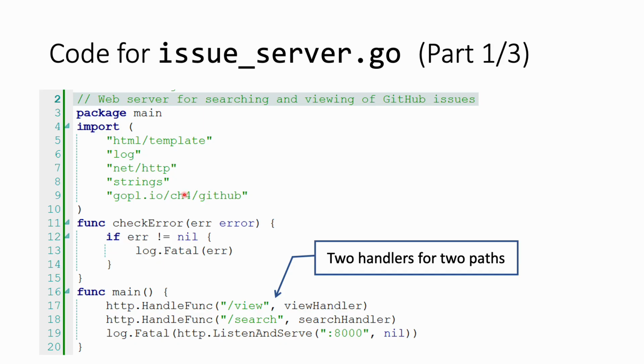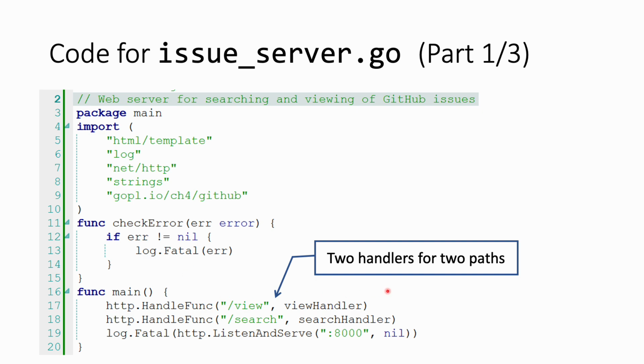But here it also imports the net/http and strings packages to handle HTTP requests. This program has the function checkError as in the issuesHTML.go program.